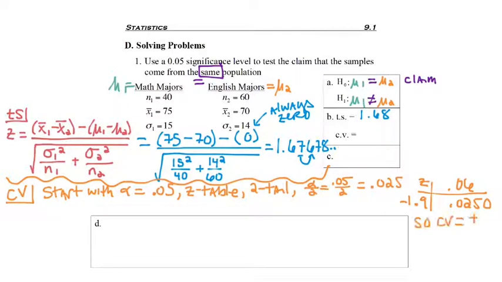And so that means my critical value is plus or minus 1.96. So even though we found negative 1.96, we've stated that we have a two-tailed test, and so with the bell-shaped z-table, I'm going to have the positive and negative of that value. My critical value is plus or minus 1.96.